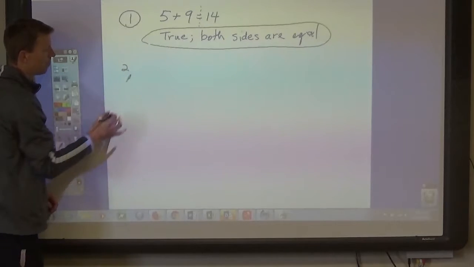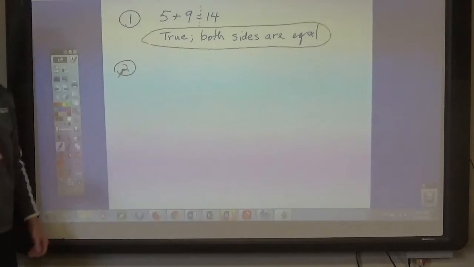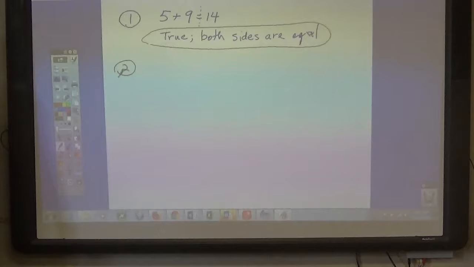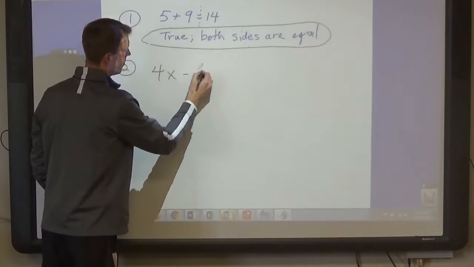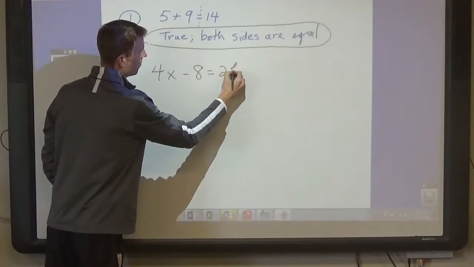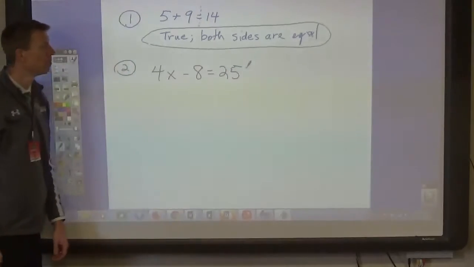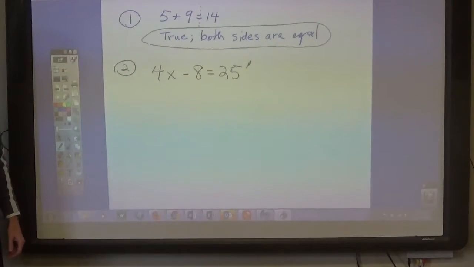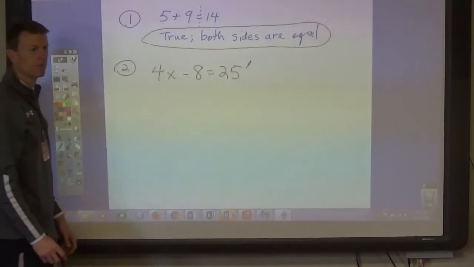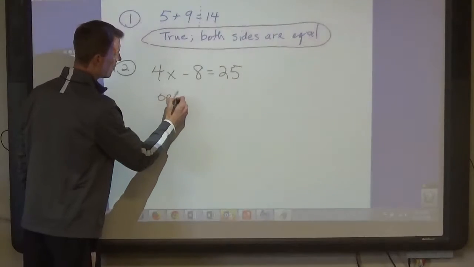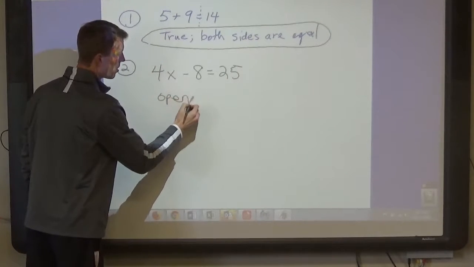Number 2. 4x minus 8 equals 25. What type of a sentence is this? Jack? It's called an open sentence. Yep, you just have to write open.